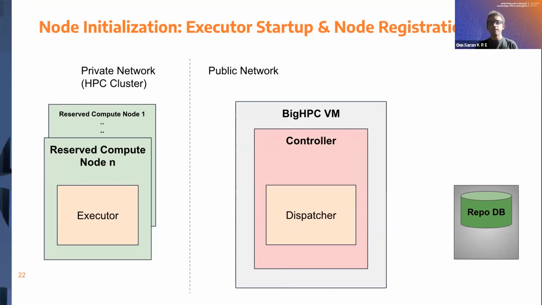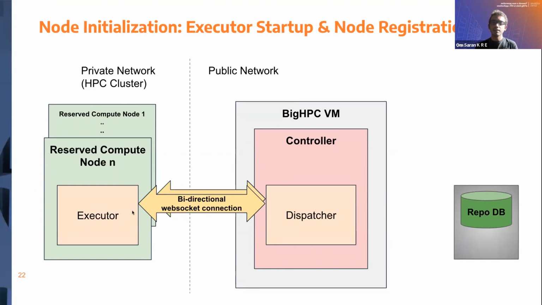The first thing the executor does is initiate a bidirectional WebSocket connection with the service in the BigHPC VM, that is, with the dispatcher. This connection is initiated from the executor because it cannot be initiated from the dispatcher, as the executor is in the private network. So that is how we solve this issue.